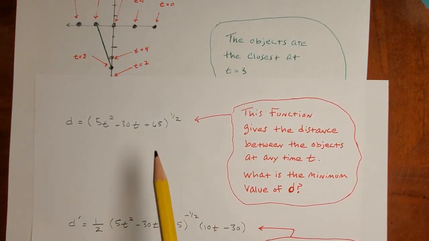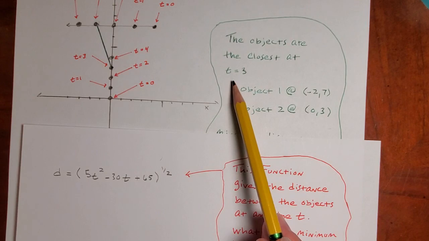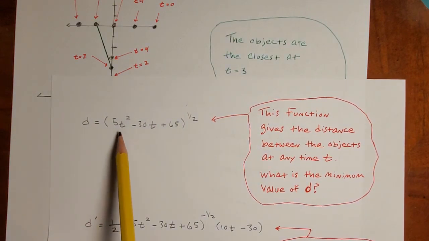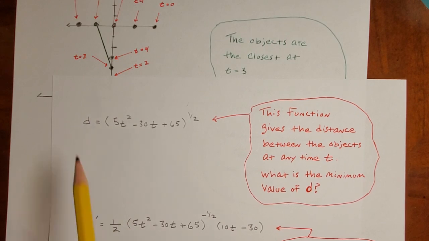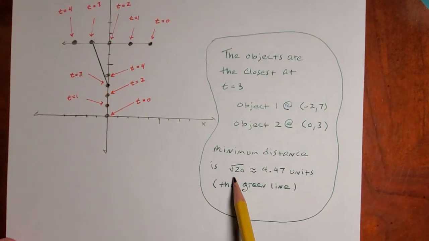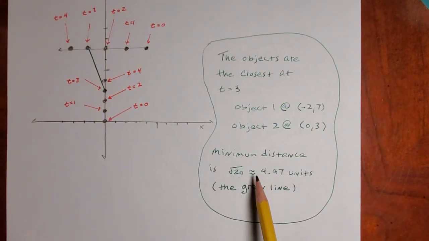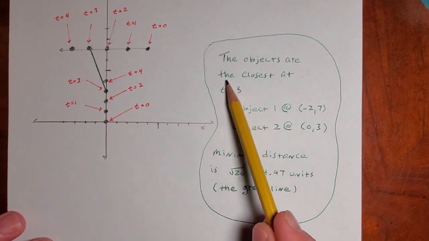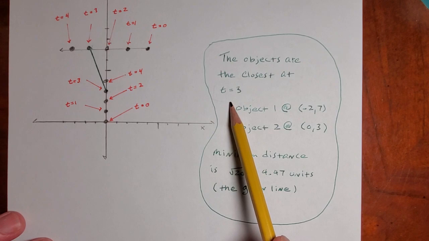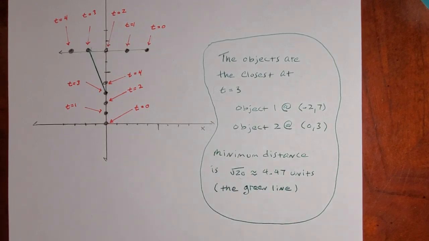So if you want to know how close they are when t is 3, if you were to put 3 in for t right here, it would give you the distance apart. And you get root 20 that way too. So there's different ways you could go about that, right? But they all come from that first number we got when we solved the derivative being 0, okay?